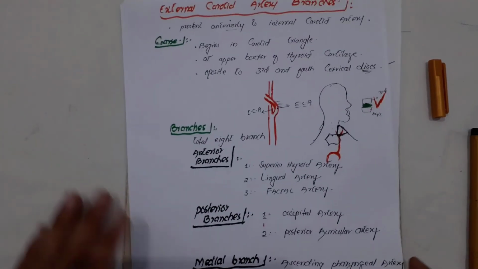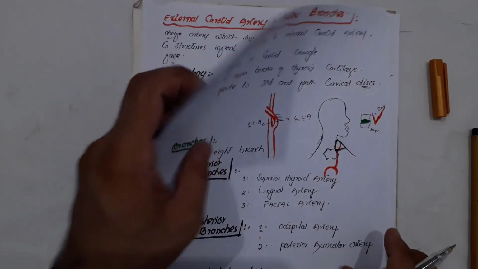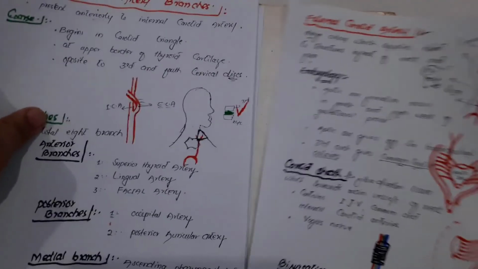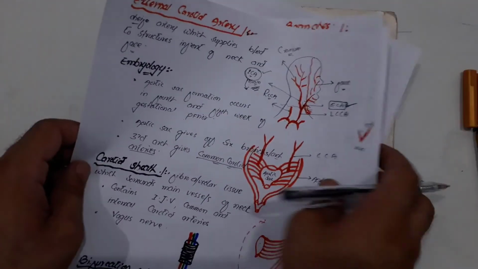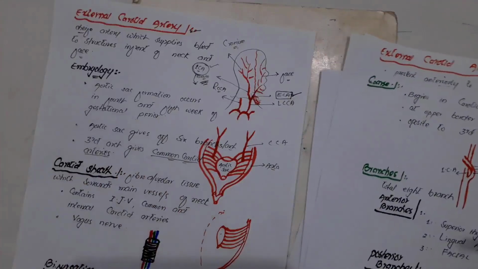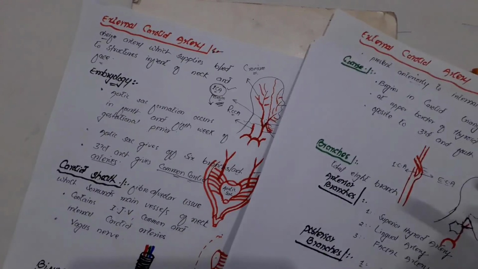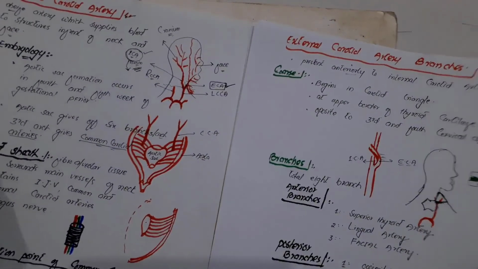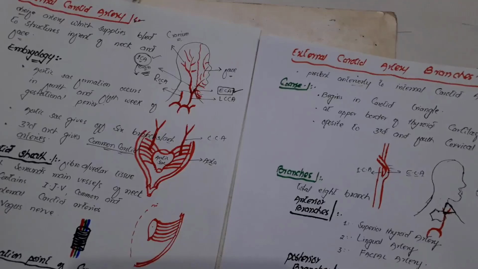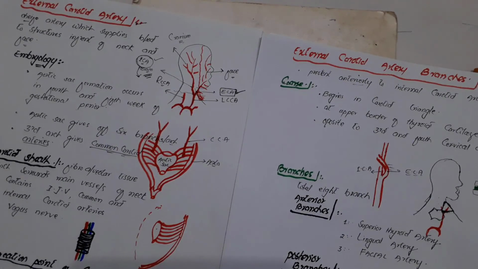Okay, dear friends, this was about some important points regarding the external carotid artery. Some basic things about the external carotid artery we recorded in this lecture. As I told you, we are recording about the circulatory system and the blood supply of all organs and tissues of the body.